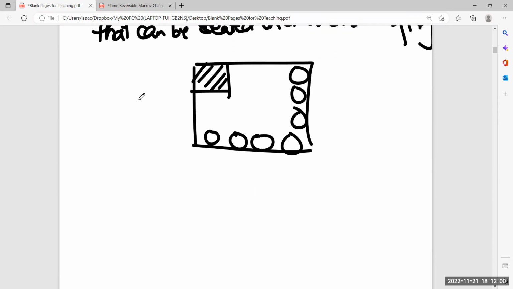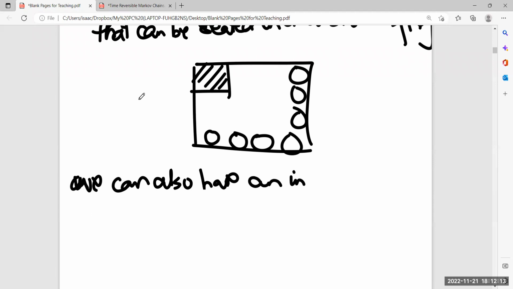But we could also have an infinite queue length.